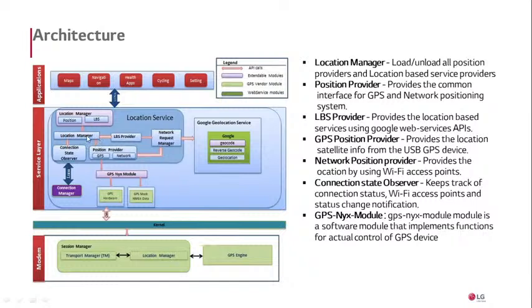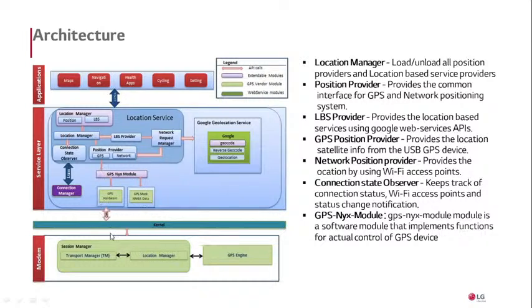For the LBS, the location manager goes to the LBS provider, and the LBS provider talks to the network request manager. The position provider has a different GPS and network. The actual GPS hardware usage talks to the GPS NIX module, and the GPS NIX module talks to the hardware GPS, or it can be mock data also.